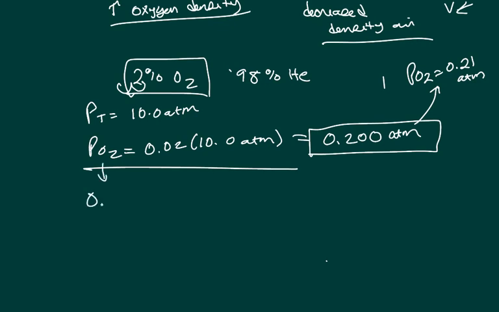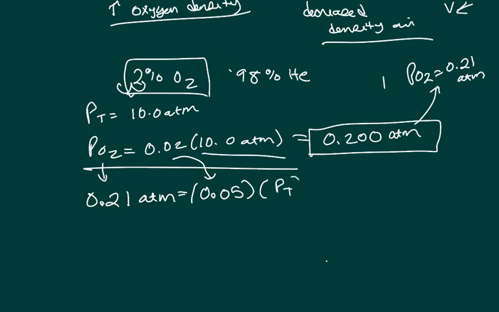So let's see. Now let's look at how we did this one. The partial pressure of oxygen, which we have this time to be 0.21 atm, equals the fraction of oxygen, which in this case is 0.05, times the total pressure, which is what we don't know this time.